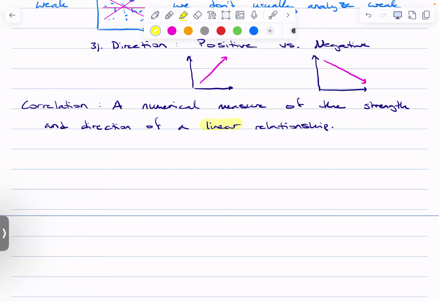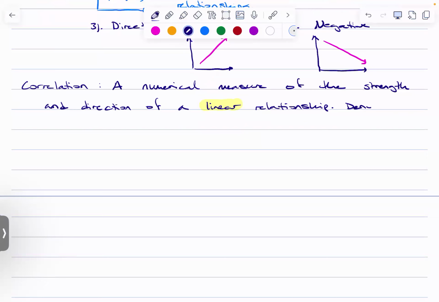That's important. We will always be able to get software to calculate the correlation, but it has to be linear for it to make sense and for us to be able to interpret it. And so correlation is denoted by a lowercase r. Sometimes an uppercase R, but I'm glad to see in this textbook, she came to her senses and is using a lowercase r like the rest of us.